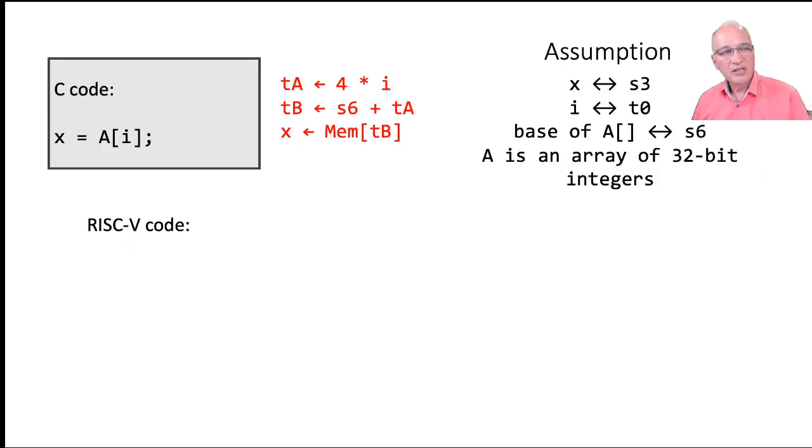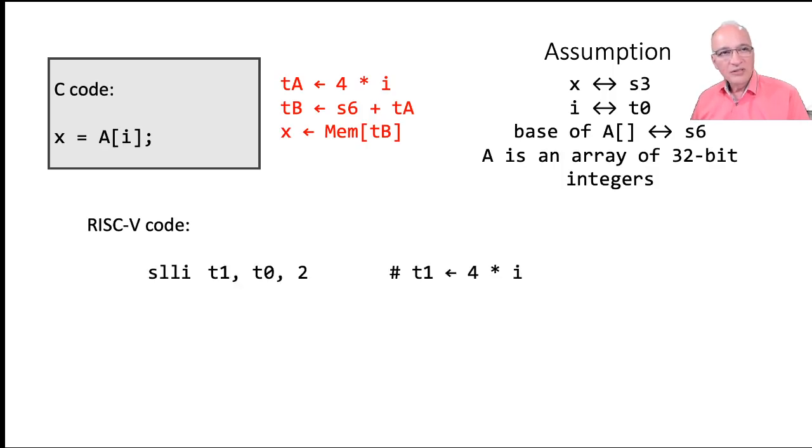So that's my C statement again. In red, I have my pseudocode. It's not real assembly. It's just a code that I wrote to remind me of what I need to do. Now I can easily translate that pseudocode in assembly by selecting registers in the processor to write the temporaries.